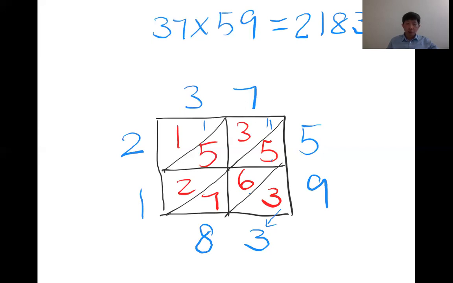Now the question is, can we do 3-digit times 3-digit? Yes, we still can do 3-digit times 3-digit with this method. I think the benefit of this method is very clear, with the place value.